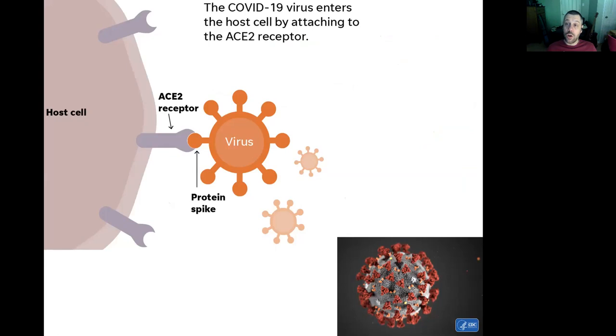That's why it's called a coronavirus, because those are like its crown or corona. And that's the spike protein. And the reason the spike protein is important, as you can see in this cartoon, is that there is a human host cell on the left with a protein sticking out from the cell membrane known as the ACE2 receptor. That is how this virus gets into human cells, how it infects us.